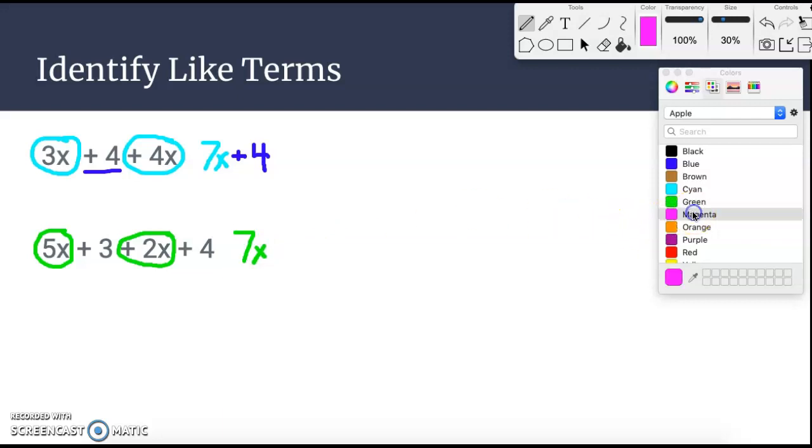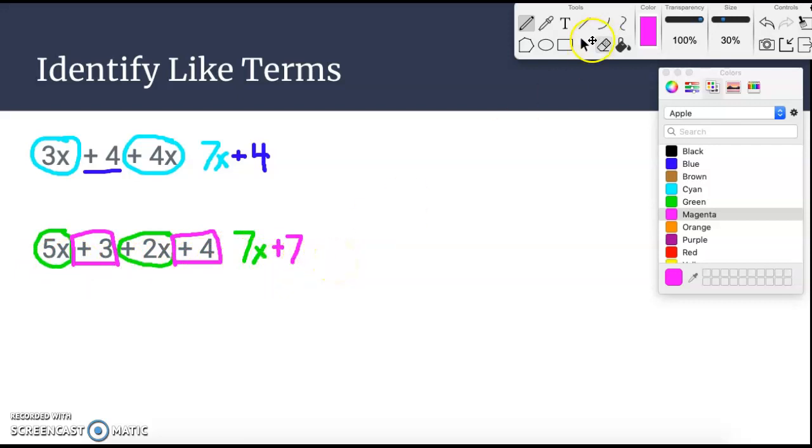Then this time I notice that I have this constant of positive 3, but I also have this constant of positive 4, and I can add those just like adding regular numbers. 3 plus 4 is 7, so I'm going to add a plus 7. Okay, so this expression simplifies down to 7x plus 7, and that's my final answer.